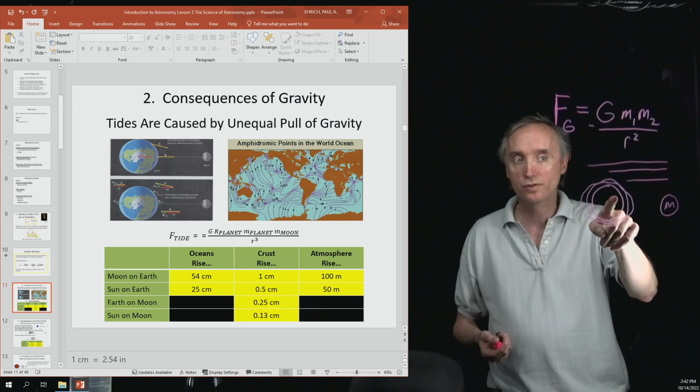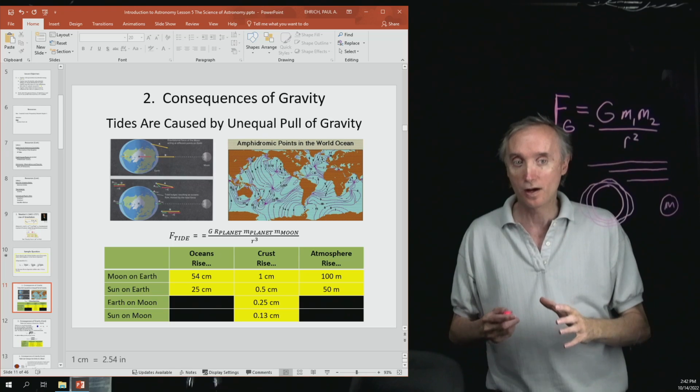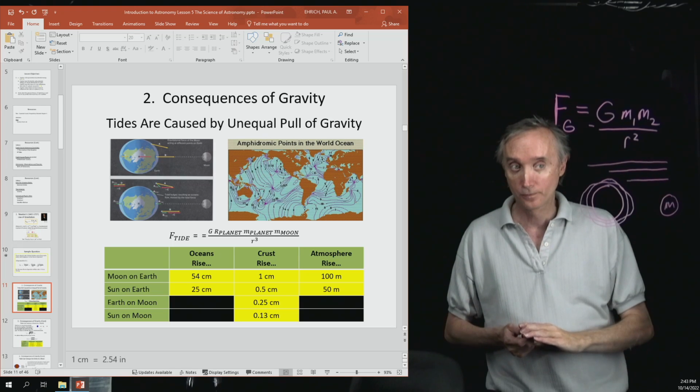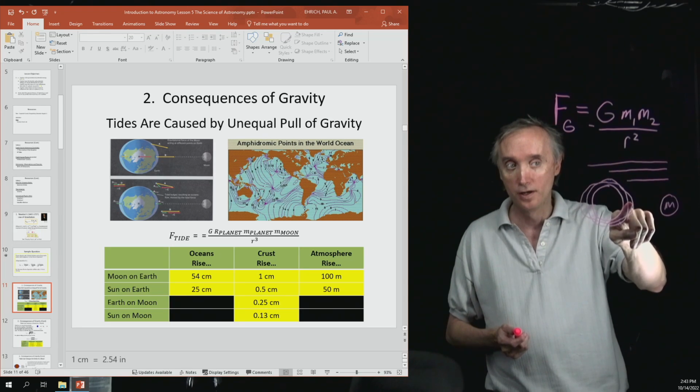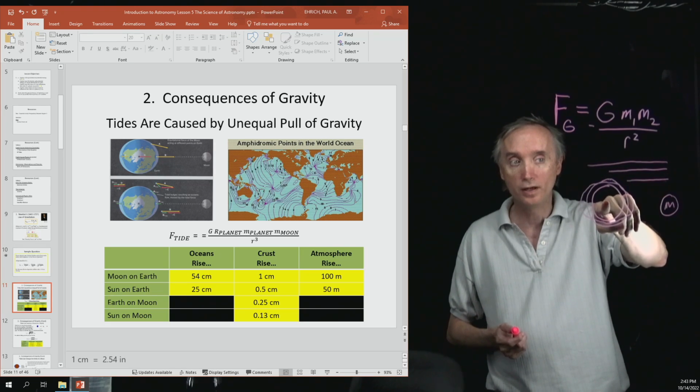So which of these three would feel the most force if it was just up to the distance? It would be this water over here. So this water would be attracted the most towards the moon. Now the earth would be attracted to the moon, but not as much.